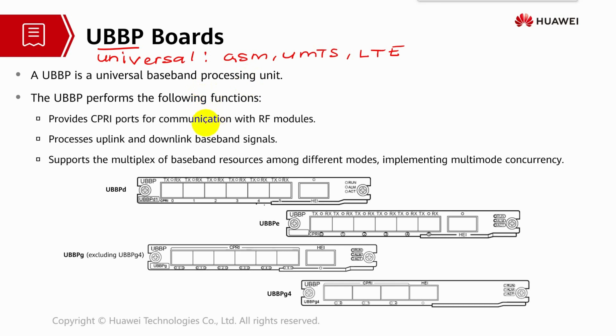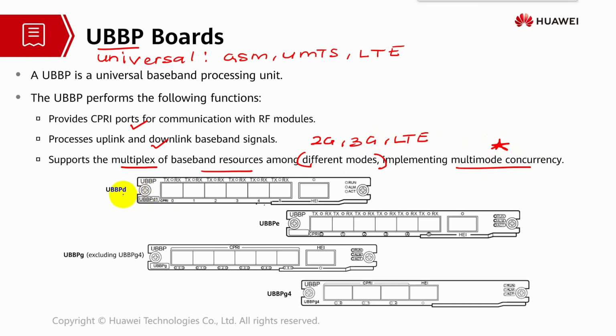The only difference is that the universal board, besides providing the CPRI port and processing the uplink and downlink, can multiplex baseband resources among different modes. Different modes means we have 2G, 3G and LTE. So they are quite flexible in processing different modes and implementing multi-mode concurrency.